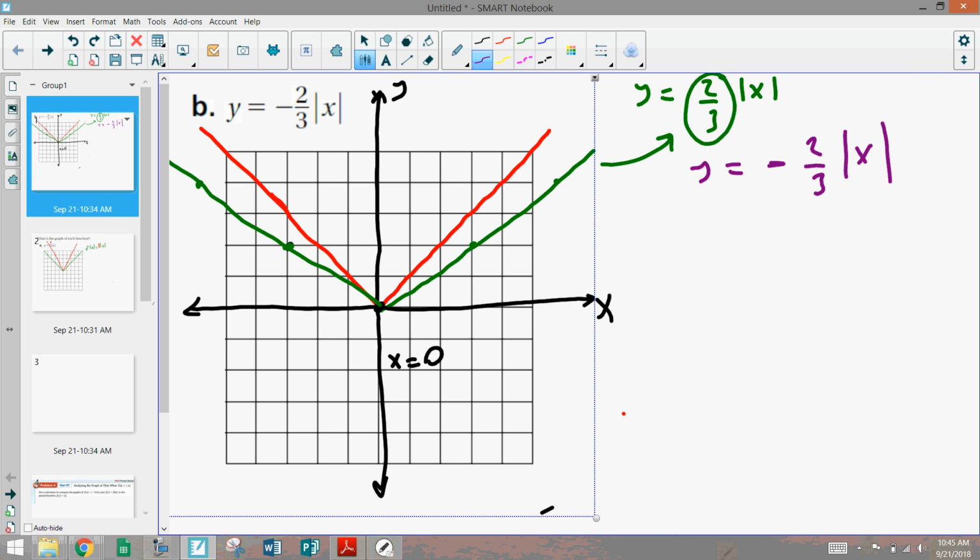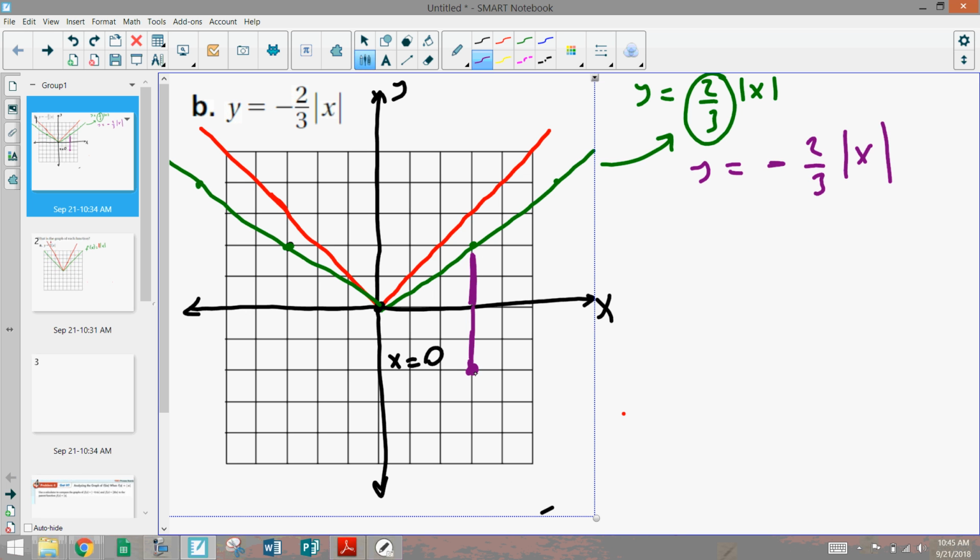You're going to keep this one and then flip across the x-axis. So you can get the symmetrical points of these points. For example, 2 units. Right? Has to be 2 units down.